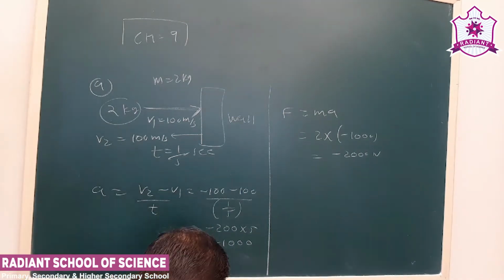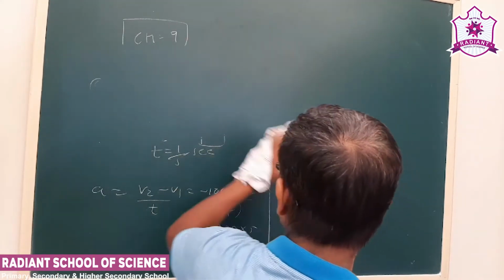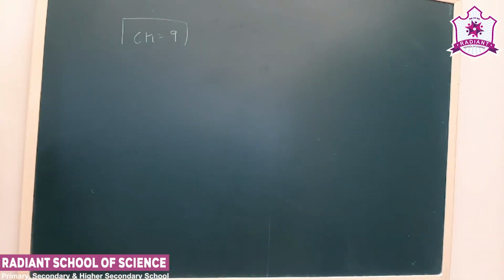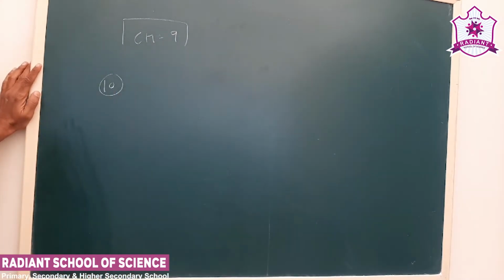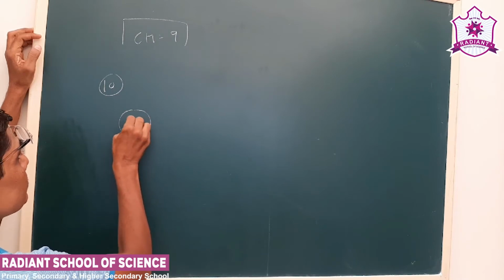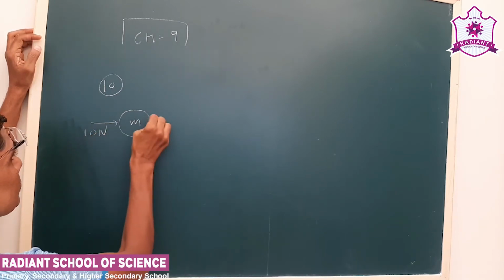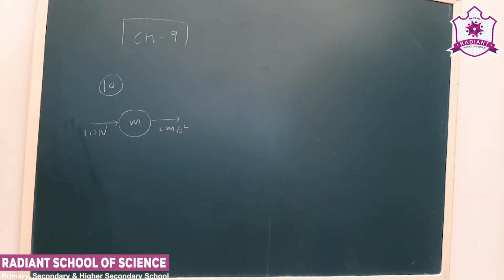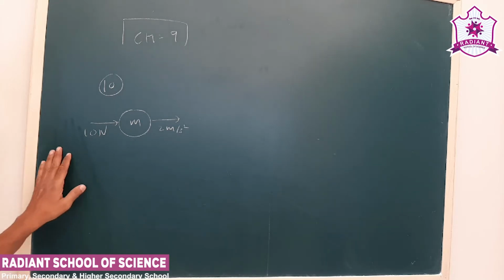So this is one more MCQ. Now see the next MCQ. Let us say a force of 10 Newton produces an acceleration of 2 meter per second square.